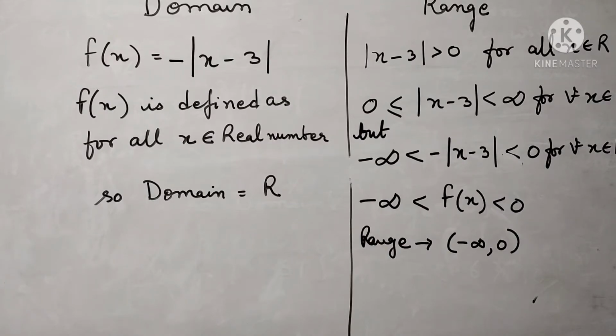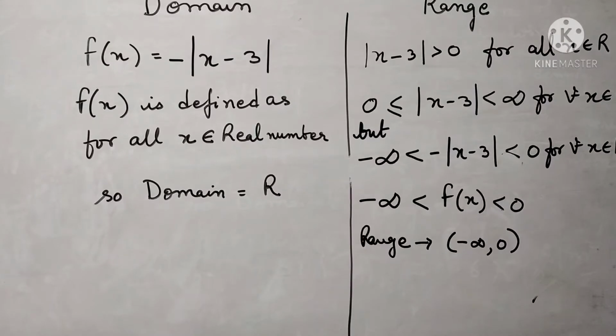For example, if we give the value of x as 1, then what is the answer? 1 minus 3, that is minus modulus of minus 2. That means we get minus 2.